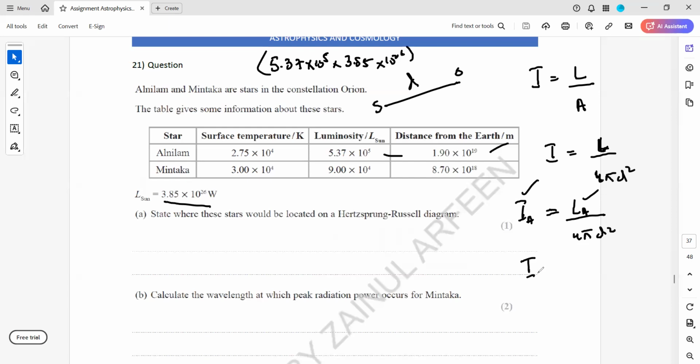Then we'll find the intensity of Mintaka, the same way we work out the luminosity, which is the power. This will be 9 into 10 to the power 4 times 3.85 exponent 26. That will be the total, divided by 4 pi d square. D is the distance, so we substitute the distance. So luminosity is there and distance is there, and we will find the intensity of Mintaka.